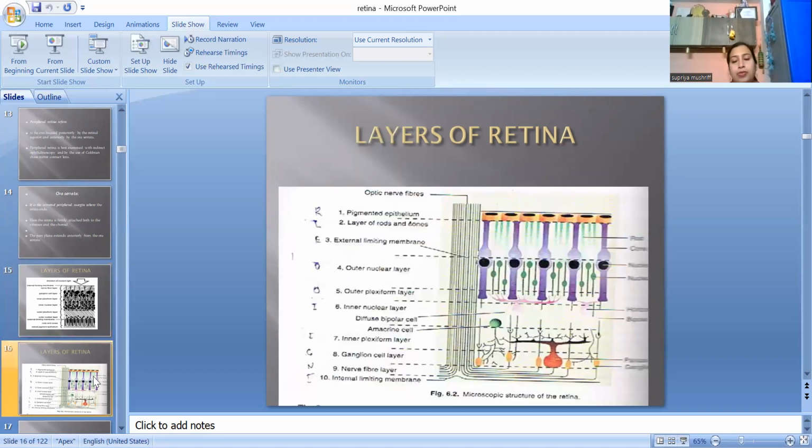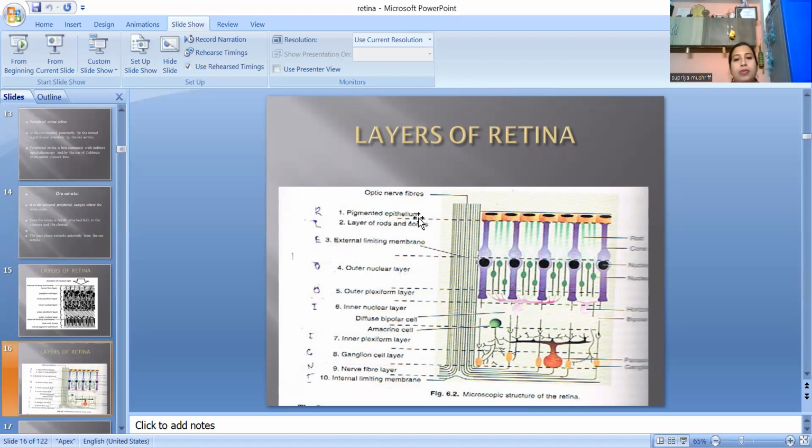Again, this is a diagrammatic representation, and the mnemonic I have written here is to memorize it. From outer to inner, the 10 layers of retina: RLE, O2, 2 times O, 2 times I, GNI.